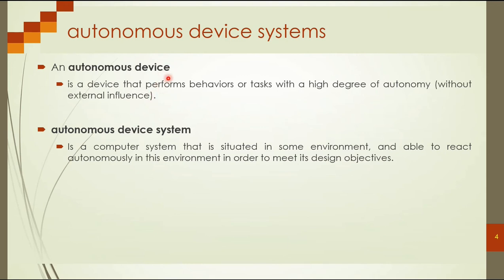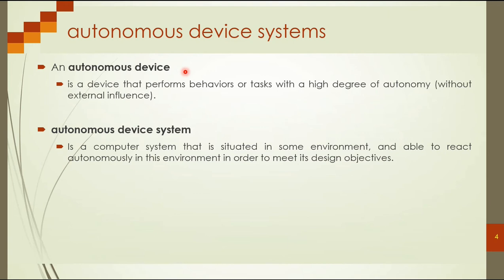So this is from the previous class. We say the autonomous system is a device that performs a behavior or task with a high degree of autonomy without external influence. Maybe you just program the system, put the instructions in the system, and then the system should work autonomously without influence from any external source, even another device or human.